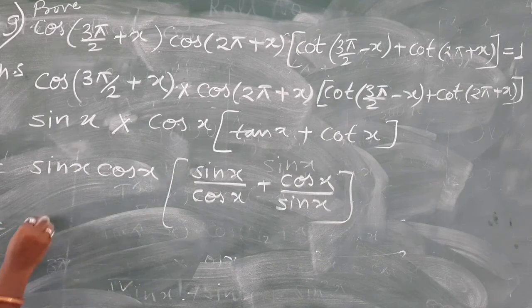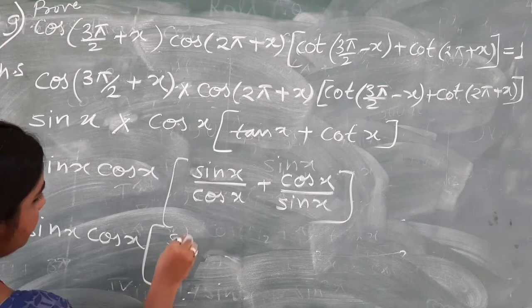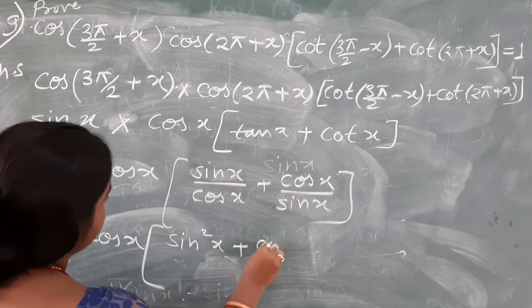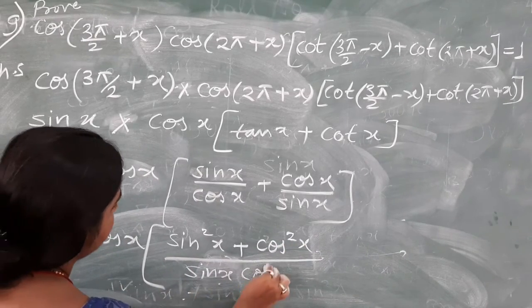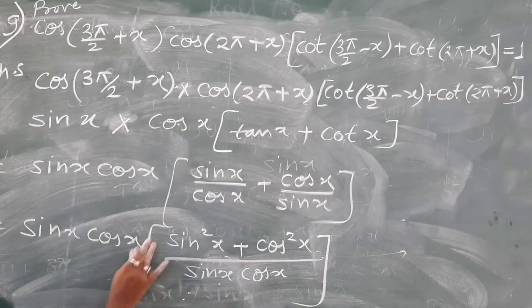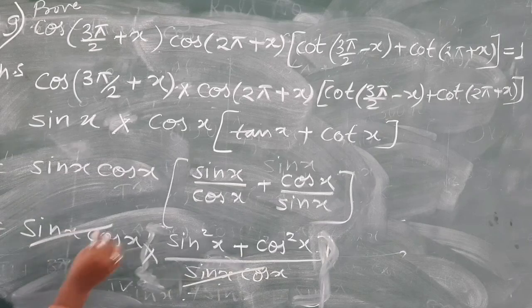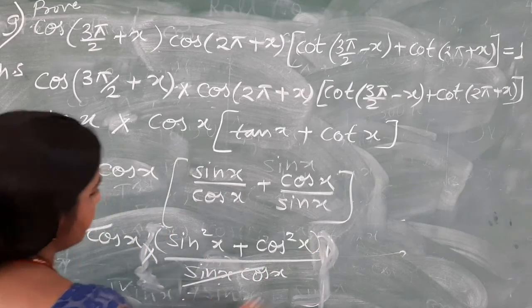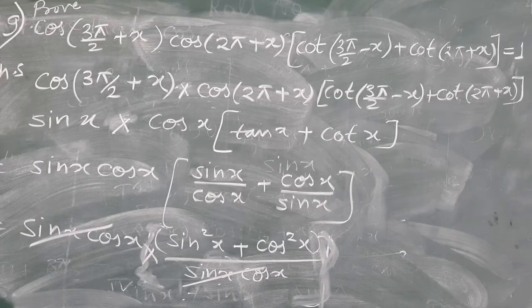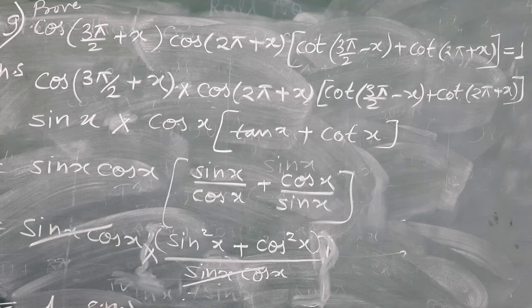Now we will find the LCM: sin x cos x, sin square x plus cos square x by sin x into cos x. So if we remove this bracket, what we get, we can cancel these two, both are equal, and sin square x plus cos square x, we know that is 1. So finally we can write it as 1, and in the right hand side also 1 is there, so it is true.